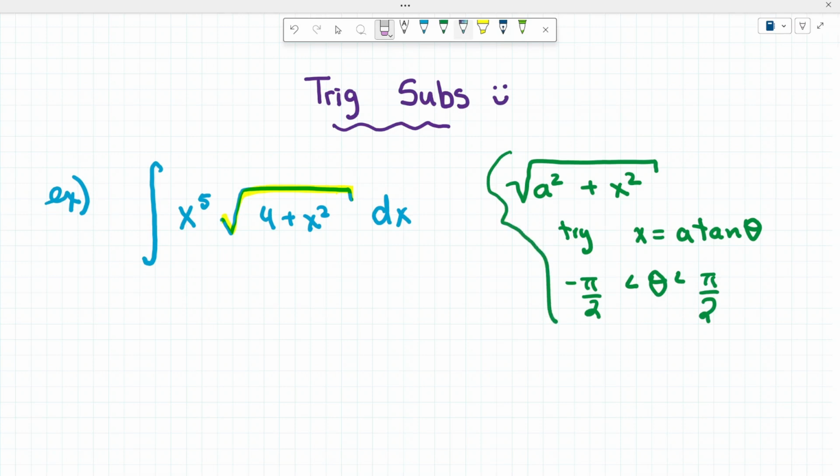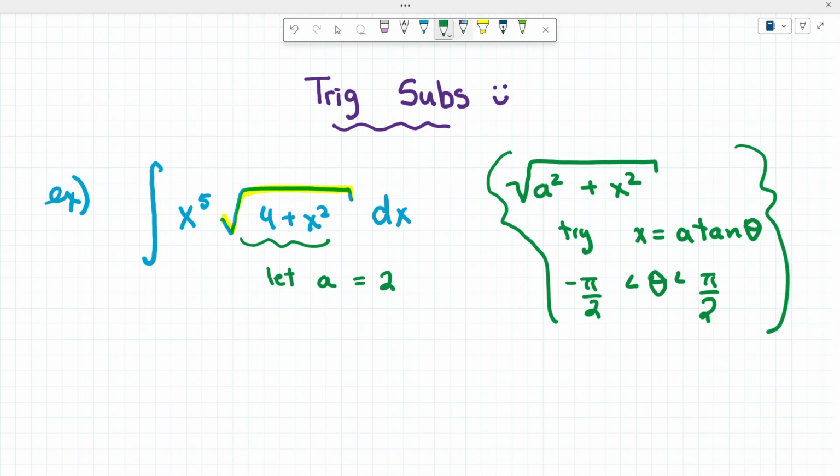So it looks like we have this kind of form, where in this case our 4 is our a squared. If 4 equals a squared, then we'll let a equal 2, and then we can try our substitution.